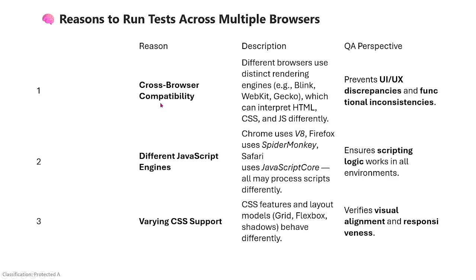Cross-browser capability: different browsers use distinct rendering engines, that is Blink, WebKit, and Gecko, which can interpret HTML, CSS, and JavaScript differently. Testing prevents UI/UX discrepancies and functional inconsistencies.